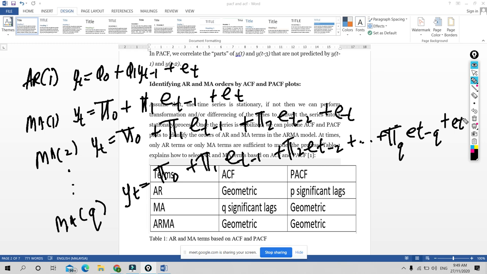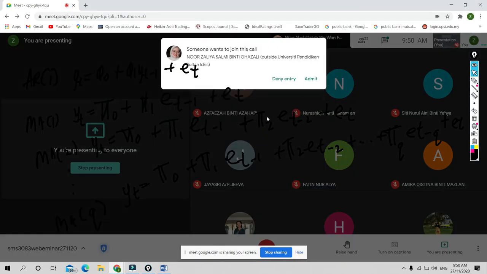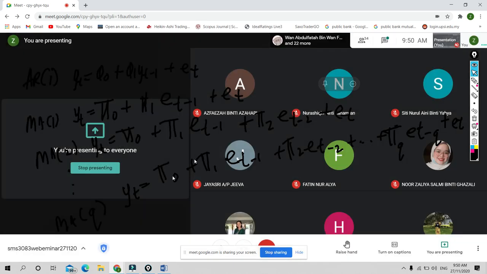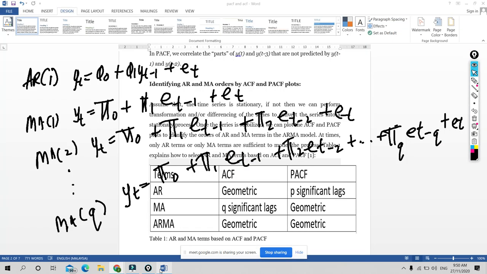So lag 1, lag 2, lag 3, sampailah lag berapa yang dah buat, katakan you buat sampai lag 5 contohnya. 1, 2, 3, 4, 5. Remember that lag 1 ialah correlation between Y_t and Y_{t-1}. Untuk lag 2, silap ya.